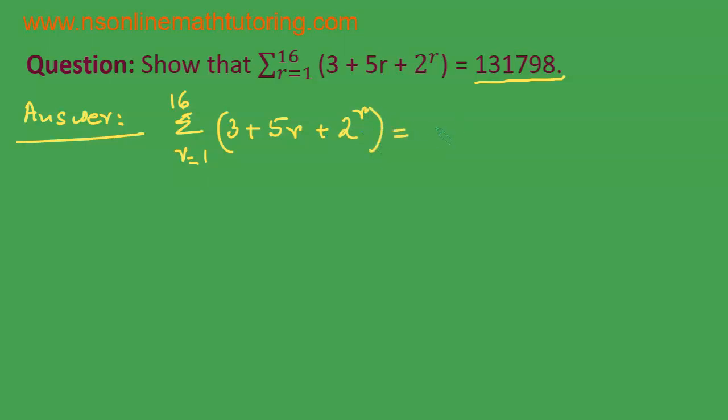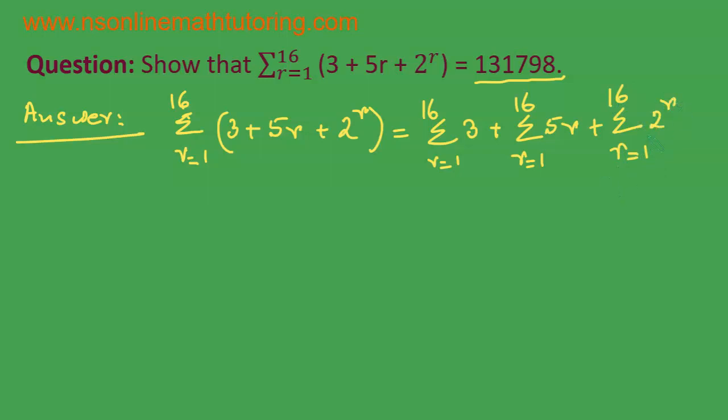This can be written as sigma r equal to 1 to 16 of 3, plus sigma r equal to 1 to 16 of 5r, plus again sigma r equal to 1 to 16 of 2 raised to the power of r.